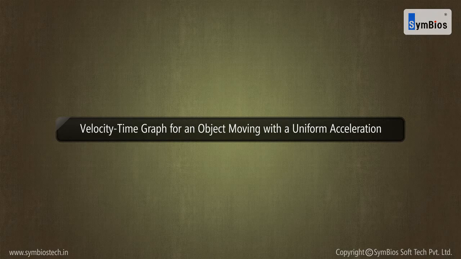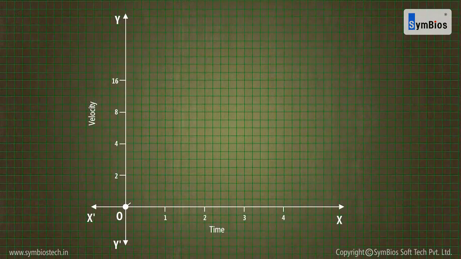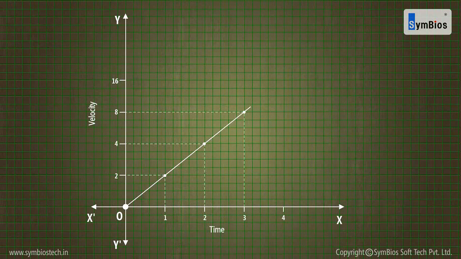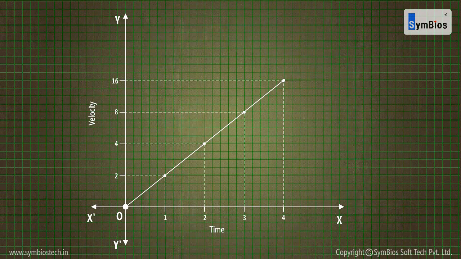Velocity time graph for an object moving with uniform acceleration. When an object moves with uniform acceleration, it means that velocity changes by equal amounts in equal intervals of time. When the object starts from rest, the graph is a straight line, not parallel to any axis.